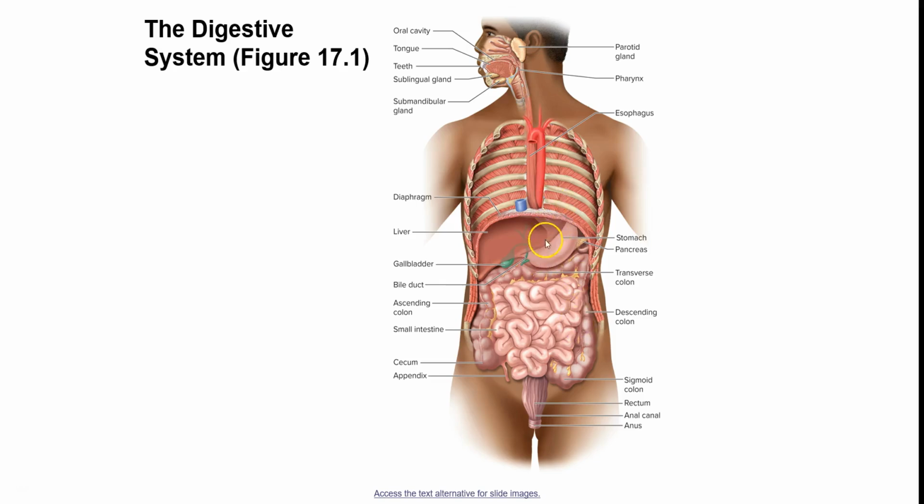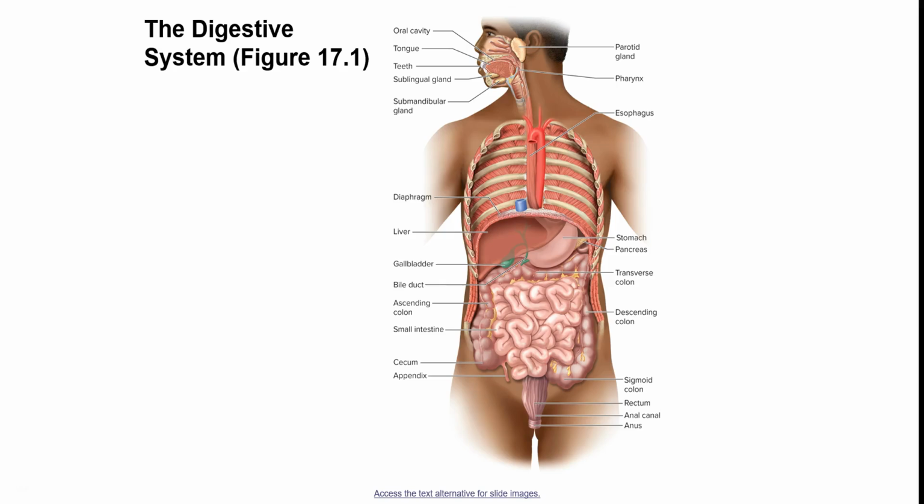Finally, we get down into the stomach, then the small intestine, then the large intestine, and then out through the rectum and the anus. So all of those organs would be considered part of the alimentary canal because these are organs that the food will pass through as it is being digested and as those nutrients are being absorbed into the body.